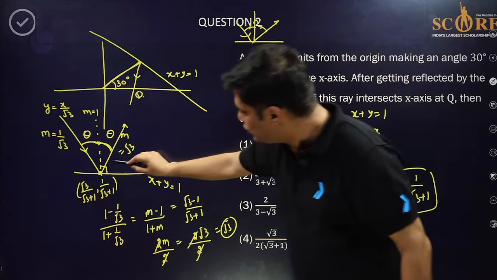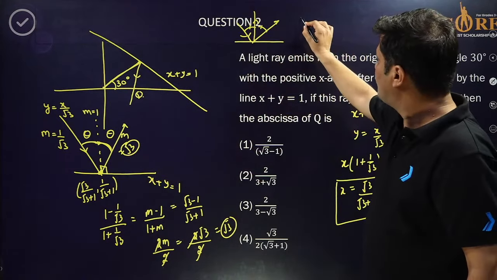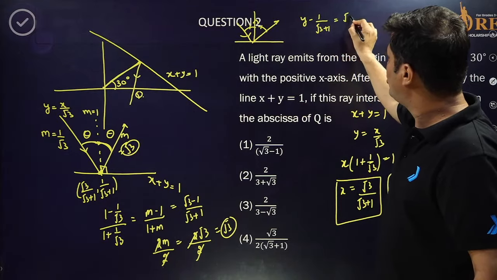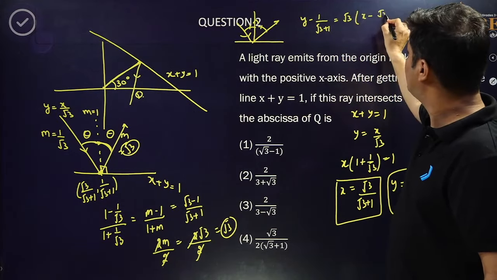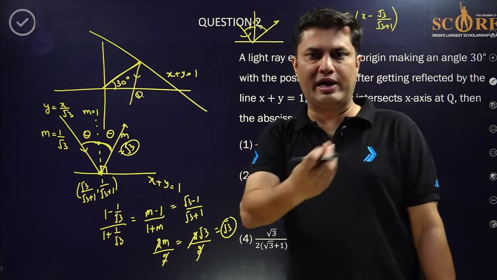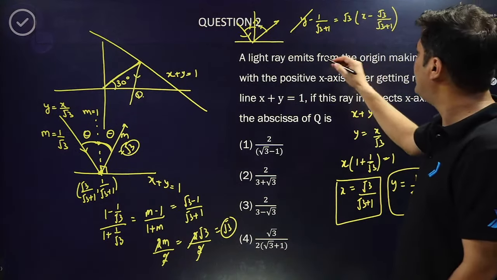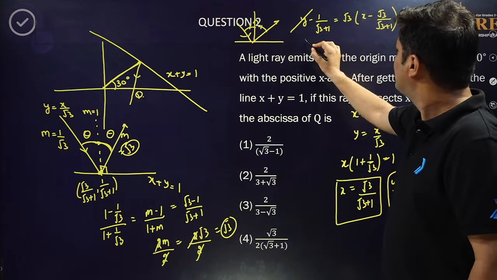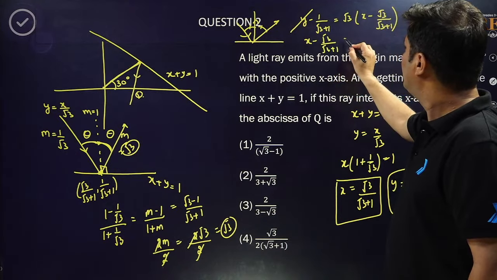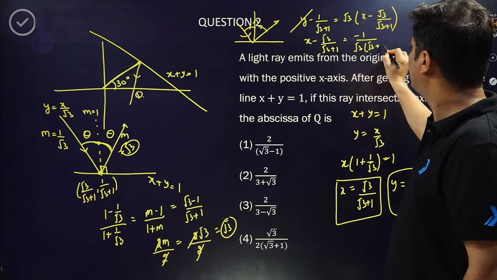So now you know the slope of this line and you know the point. So y minus y1 equals slope into x minus x1. If you put y equal to 0, you will get the x coordinate. x minus root 3 upon root 3 plus 1 is equal to minus 1 upon root 3 into root 3 plus 1.